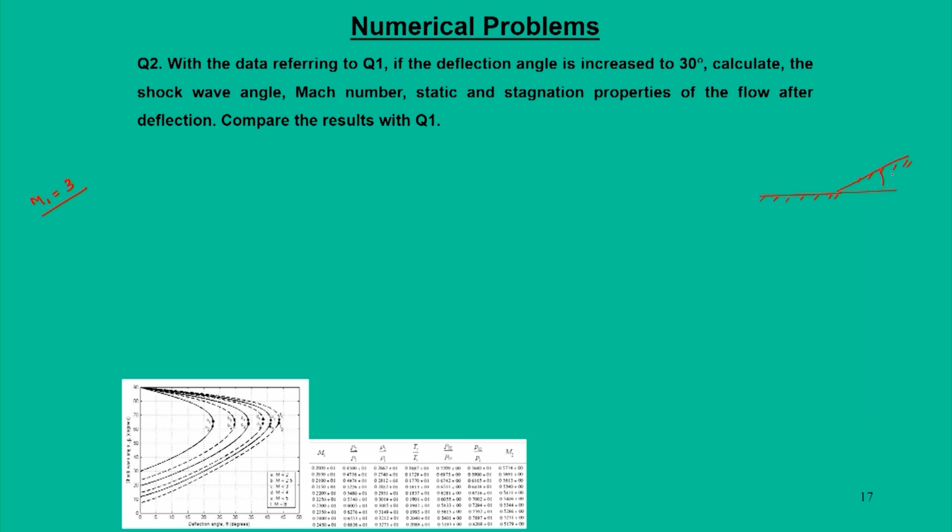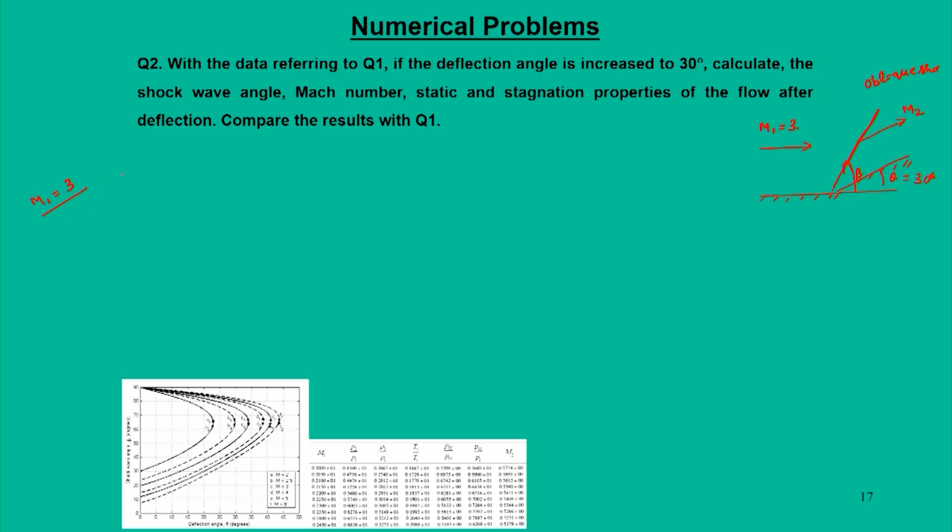Theta is now 30 degree. We will have an oblique shock with a different value of beta. The streamline will be deflected by an angle of 30 degree after crossing this oblique shock. M1 remains as 3. So, we need to find out the new value of beta.